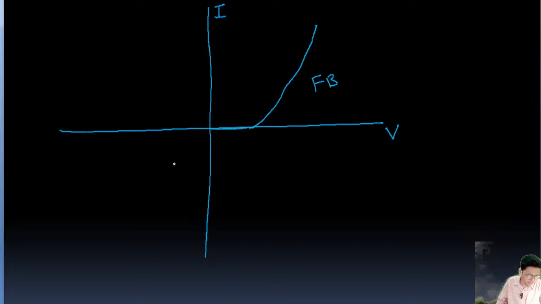And for reverse biasing, it is like this. Current will be very less, and at a certain voltage the current will suddenly increase rapidly. Suppose that voltage is V2, and that voltage is called the breakdown voltage.